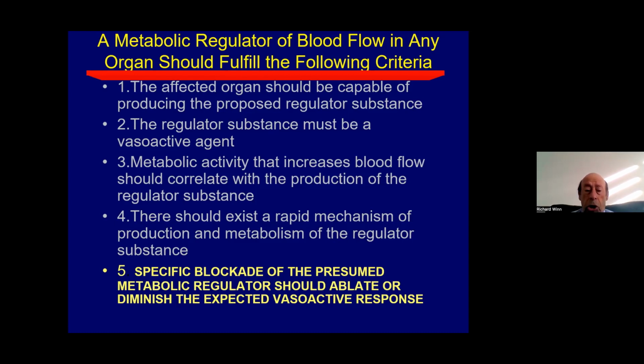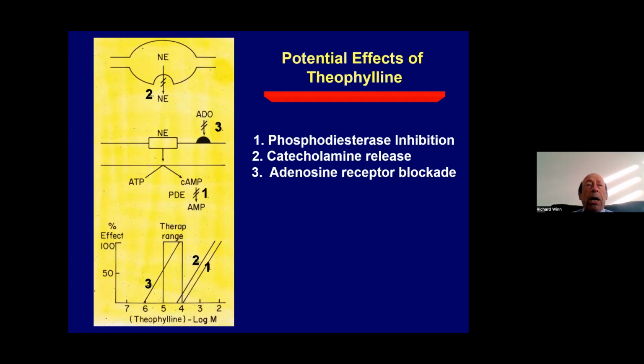And I'm going to show you the data for that, but the compound we turned to is the most widely used drug in the world. And I suspect 98% of those attending grand rounds utilize this drug. And that is the methylxanthine, caffeine, or theophylline.